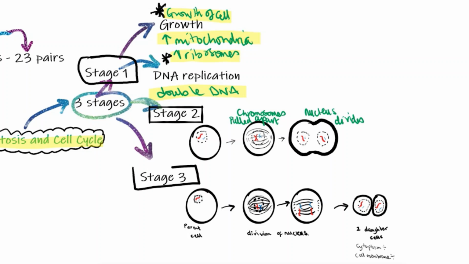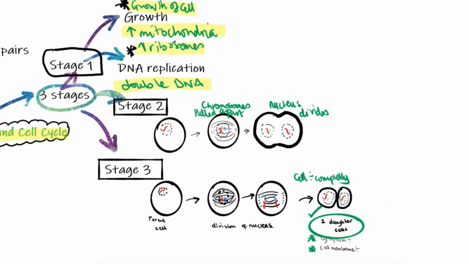In stage 3, the cell divides completely and 2 daughter cells are formed. Here, the cytoplasm divides and the cell membrane divides to form the 2 daughter cells. So to recap, in stage 2, the chromosomes are pulled apart, the nucleus divides. In stage 3, the cell completely divides into 2 daughter cells.